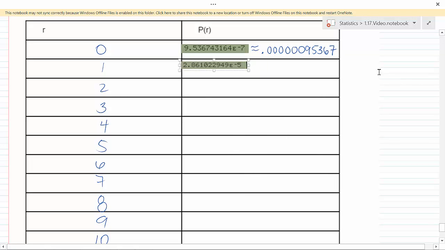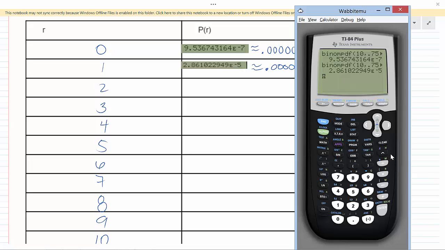If I was converting to percents, I would have to move the decimal place 2 places to the right. So in this one, to convert, I'm going to move the decimal place 5 places to the left. So I'll have 4 zeros, and then the decimals I had before, and I'll round it off there. So again, we're seeing that this is a very low probability. Now I'm going to fill in the rest of the table.